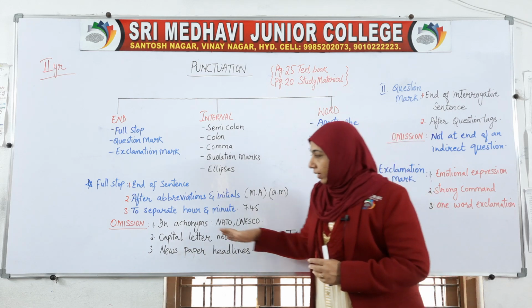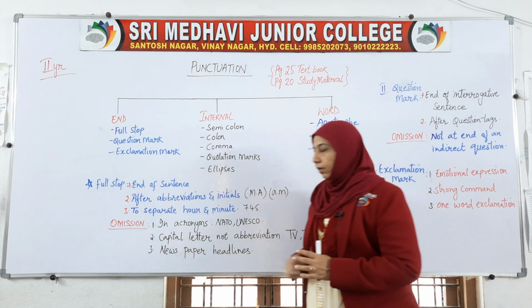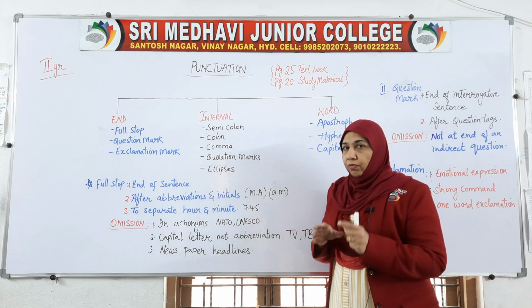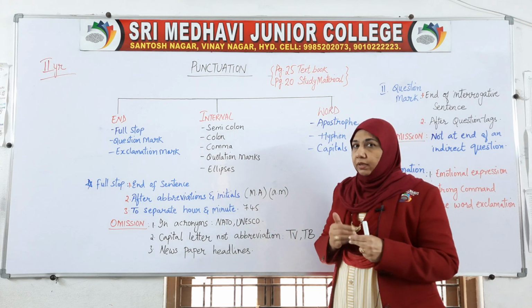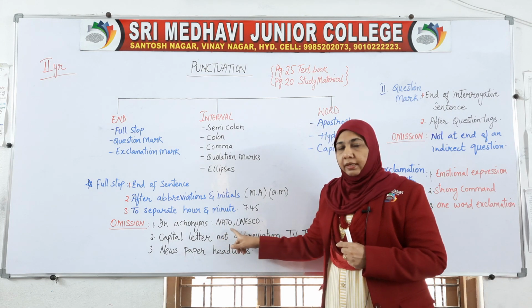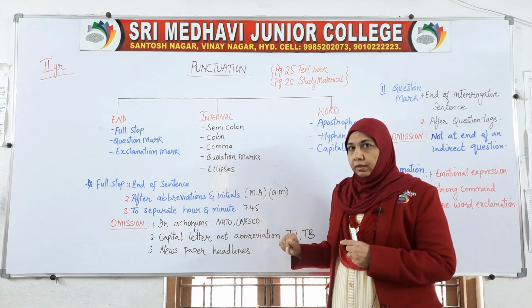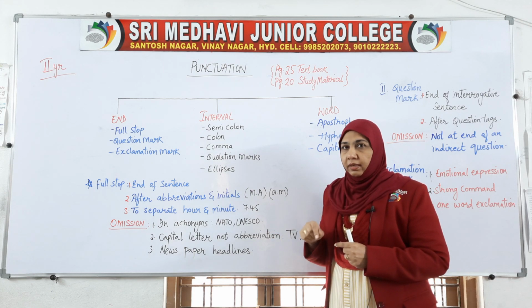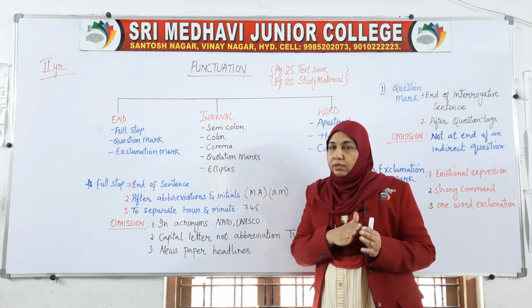Okay, so first is that in acronyms, which are not the abbreviated forms, like NATO, North Atlantic Treaty Organization. This doesn't have a full stop in between because these are not separate words.